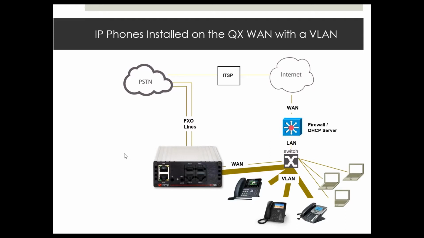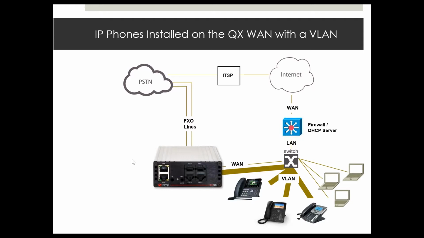So this is probably a typical installation. The customer's got a broadband connection, they got a firewall in place, they got a DHCP server, they got their computers. So you come in with the system, connect the WAN port, you can connect it to that same switch, and those phones can be configured through their local network into the QX, the WAN port.